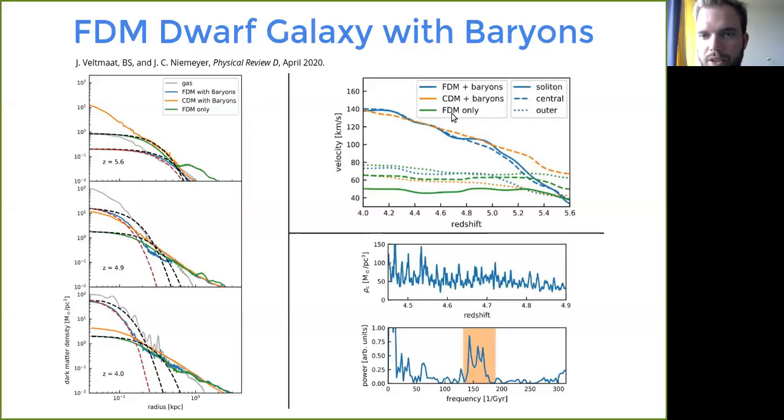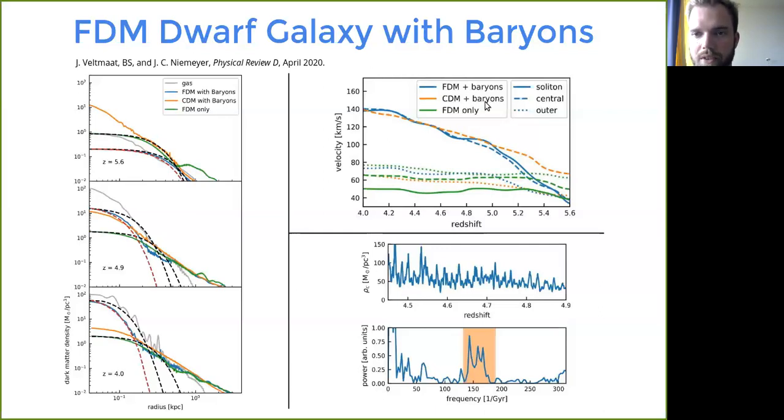And as you can see here, for fuzzy dark matter only simulations, they all are pretty much on top of each other. So there's a slight difference, but in principle, they are flat over time or over redshift here, and all pretty much comparable with each other. And that's actually what also Schwabe et al. in their Nature paper from 2014 found, that the virial velocity can be identified roughly with the core velocity.